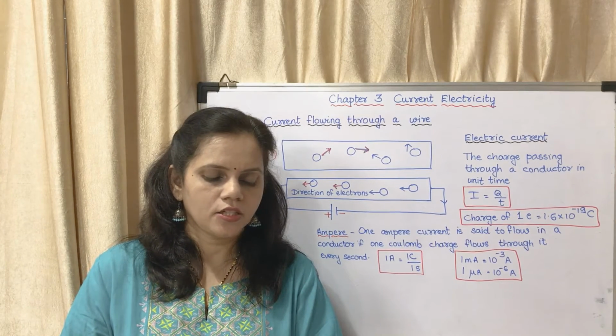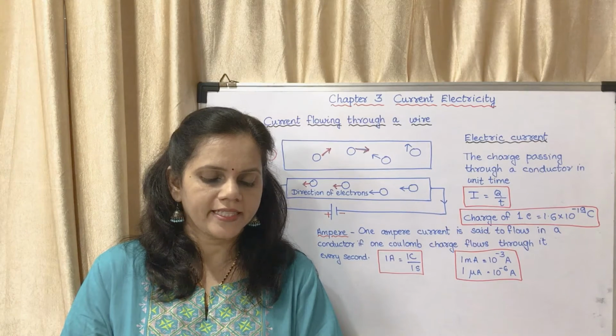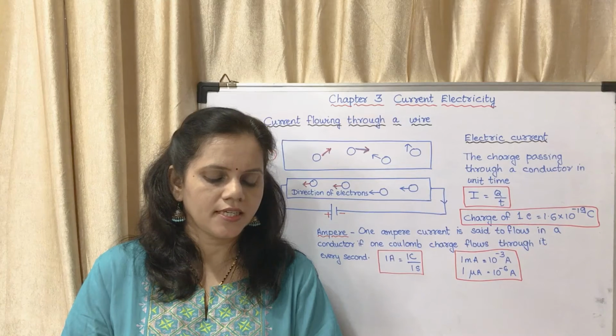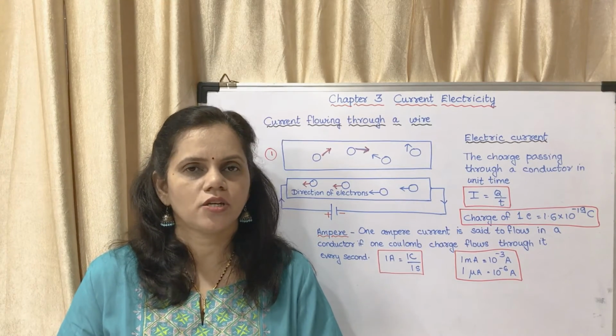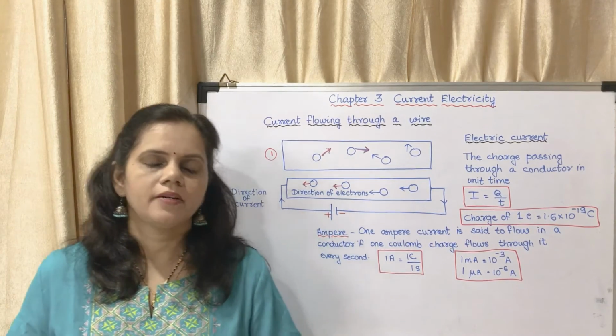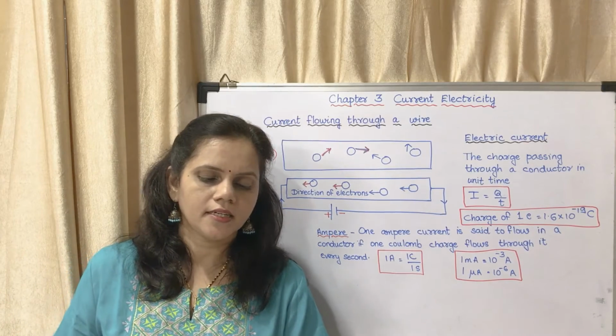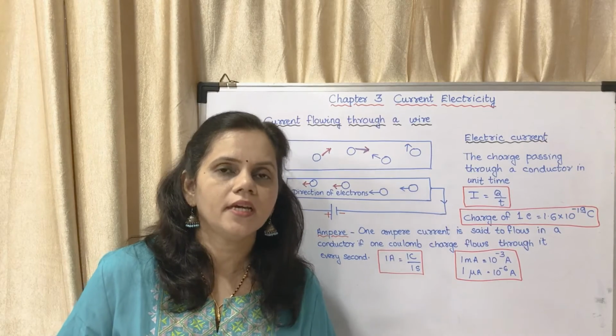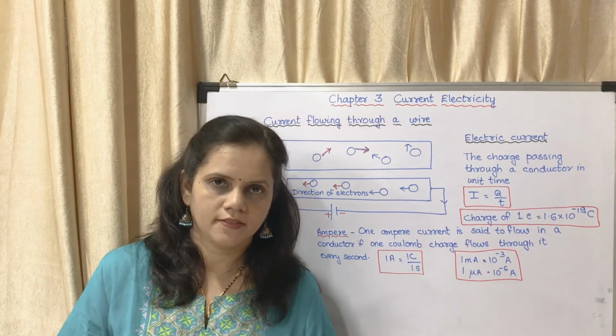The negative charge of the electrons also gets transferred as a result of this motion. The free electrons in a conductor are the carriers of negative charge. But when we talk about electric current, the current is said to be the movement of positive charges.